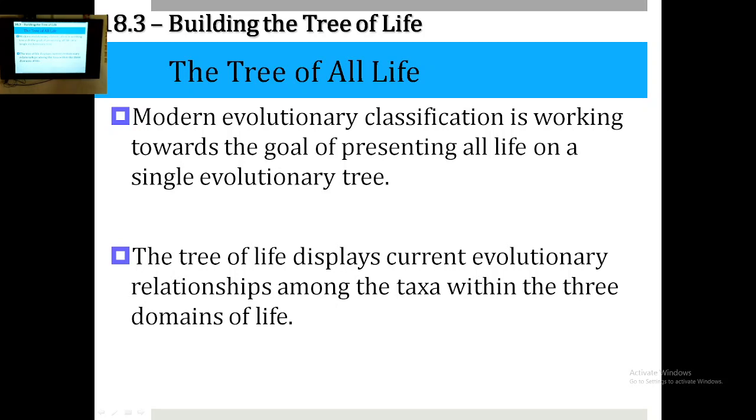Modern evolutionary classification is working toward the goal of presenting all life on a single evolutionary tree. The tree of life displays current evolutionary relationships among the taxa within the 3 domains of life.